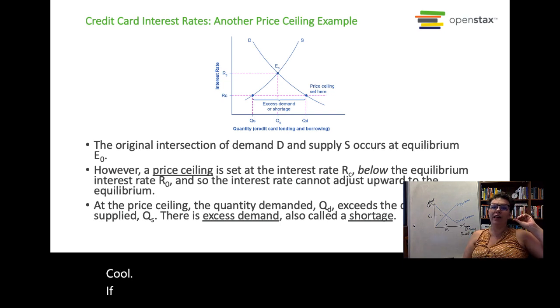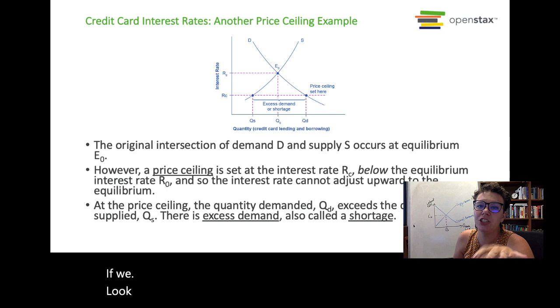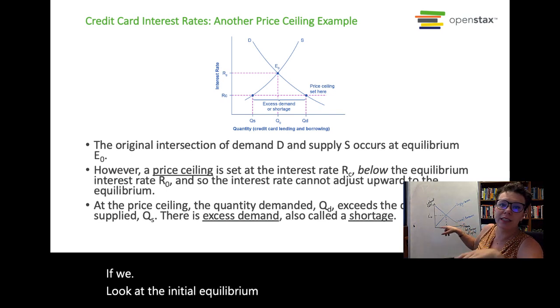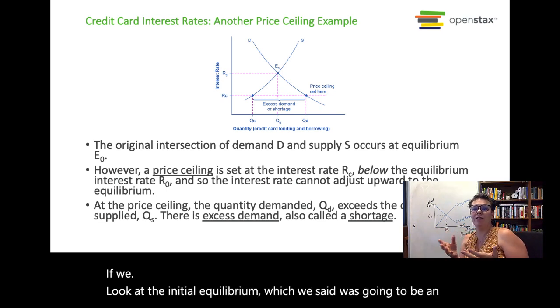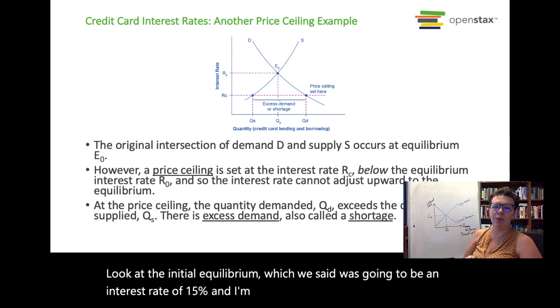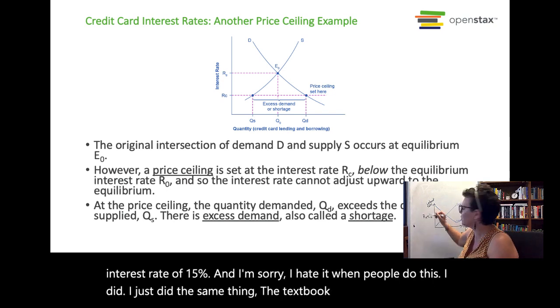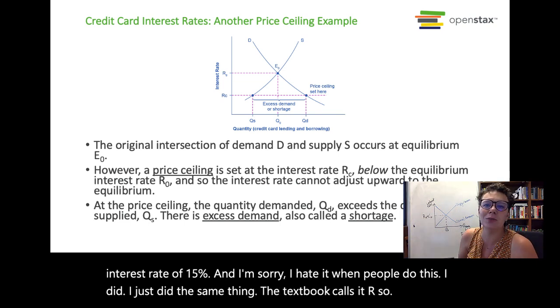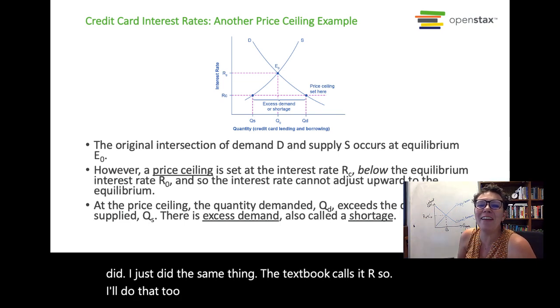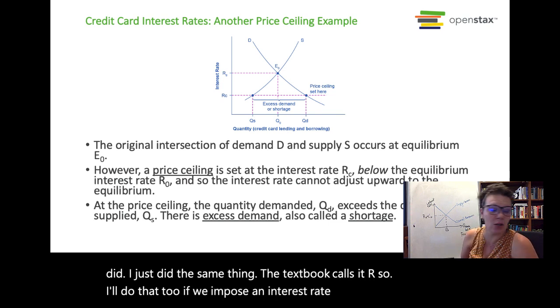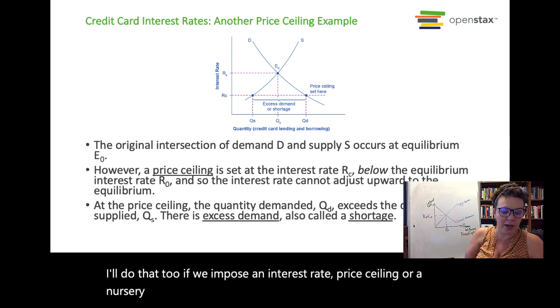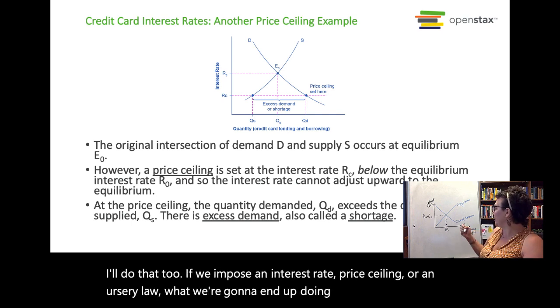If we look at the initial equilibrium, which we said was going to be an interest rate of 15%, and I'm sorry, I hate it when people do this. I just did the same thing. The textbook calls it R, so I'll do that too. If we impose an interest rate price ceiling or a usury law, what we're going to end up doing is creating inefficiency.